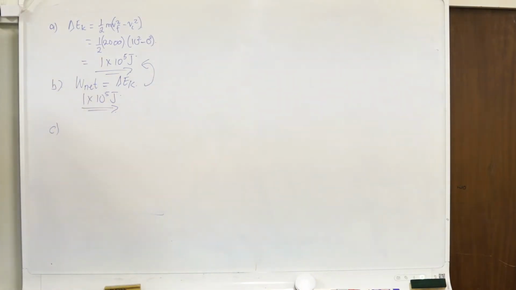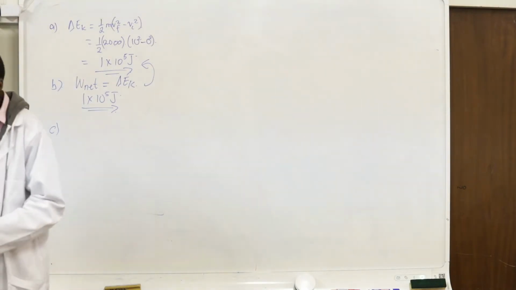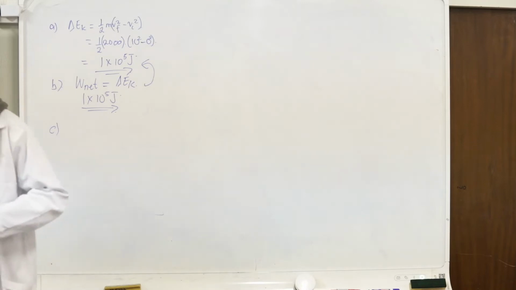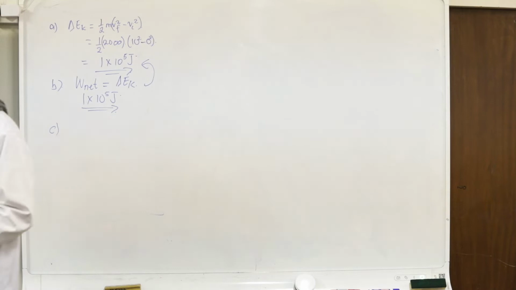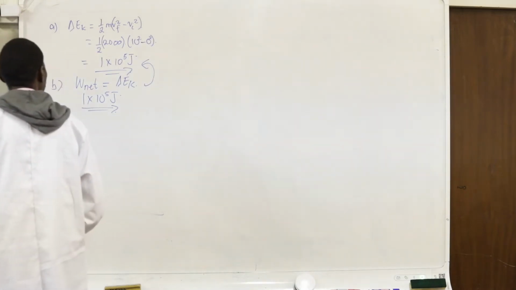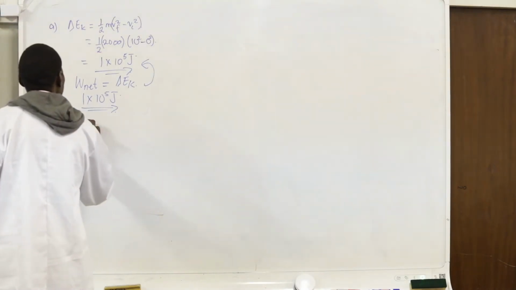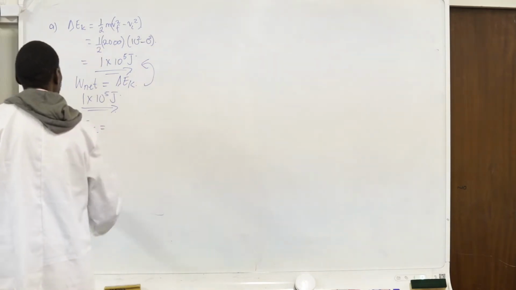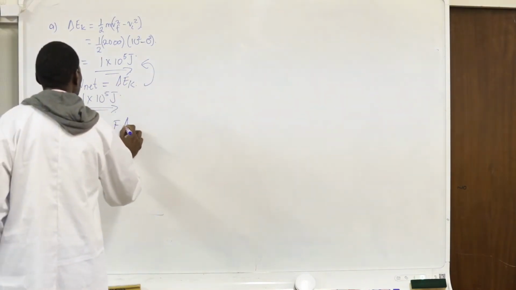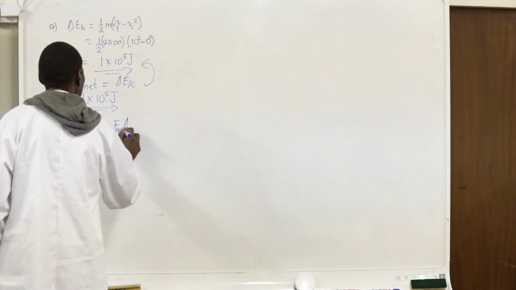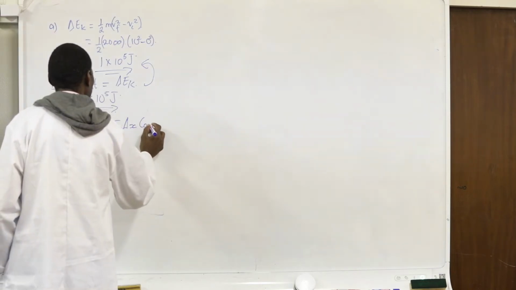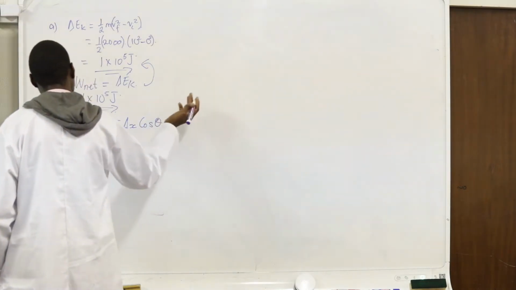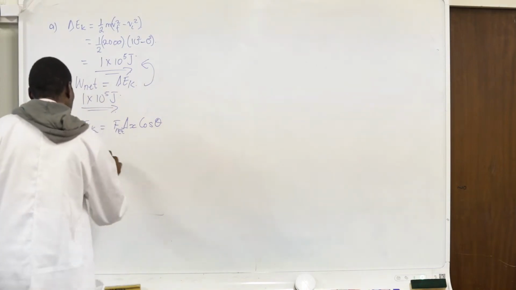C. Calculate the net force that caused the car to accelerate. So this question is now asking us to find the net force that allows the car to accelerate. We know that the change in Ek is equal to the net force multiplied by the change in x, multiplied by the cos of angle theta, which was 0, obviously, because it's moving on the horizontal.